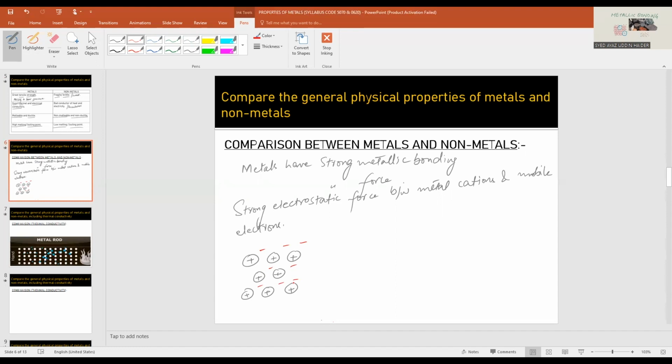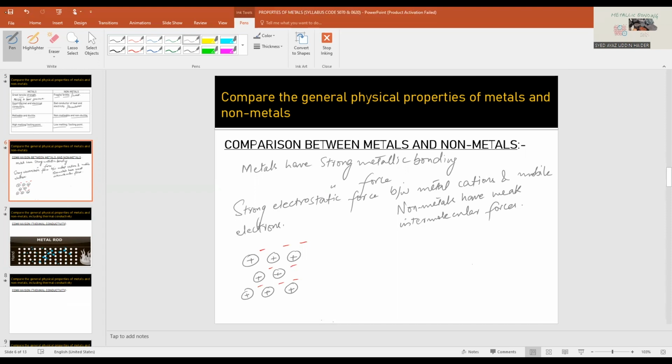On the other hand, non-metals have weak intermolecular forces, and due to this reason they have a low melting point, which means it's easier to break the force between non-metal molecules.